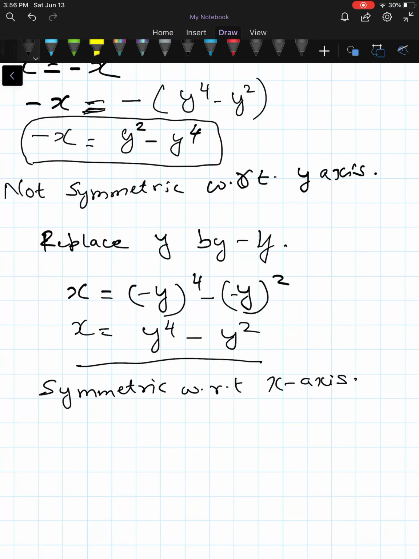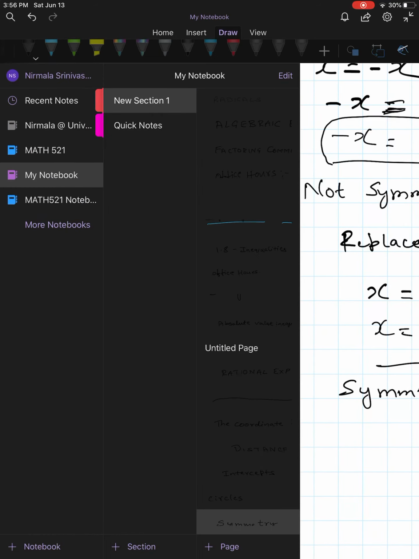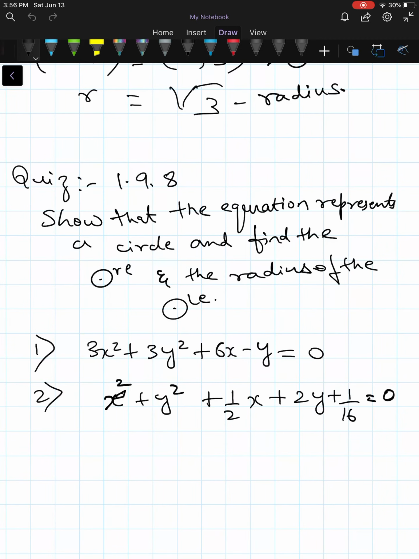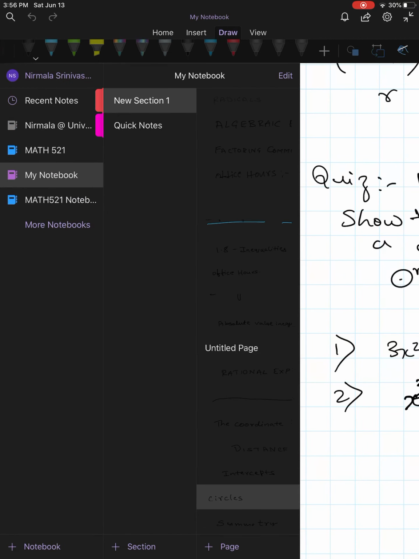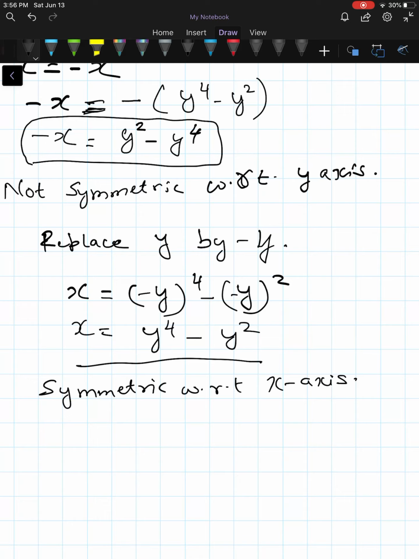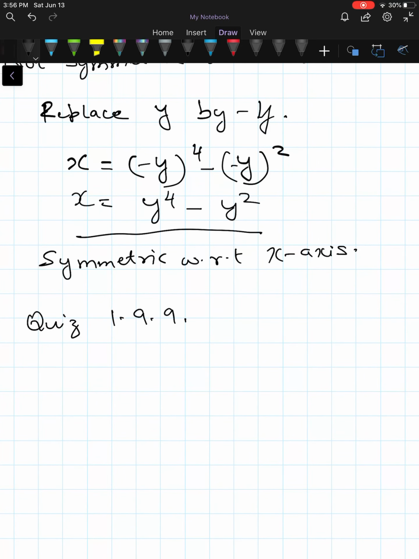Okay, I'll check what the quiz question number would be. It is Quiz 1.9.9. Check symmetry, the thing that we did now. Test the equation for symmetry.